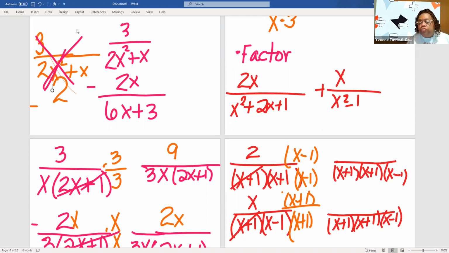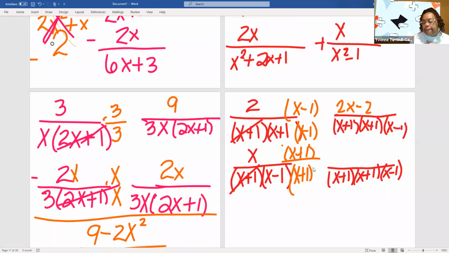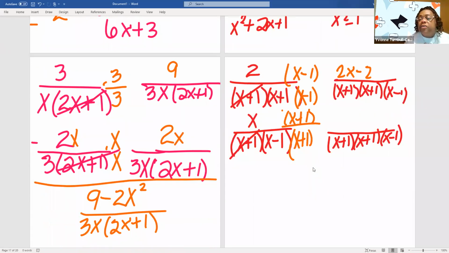So now we're going to distribute. We have 2x minus 2 in my numerator up top. And in the bottom, we have x squared plus x. It's an addition problem, yes, it is.